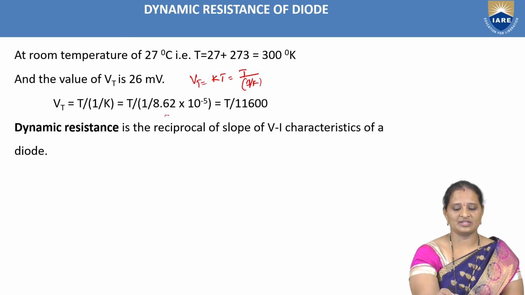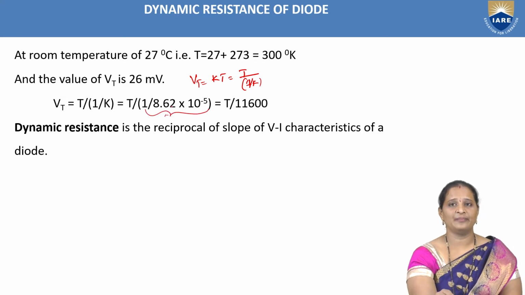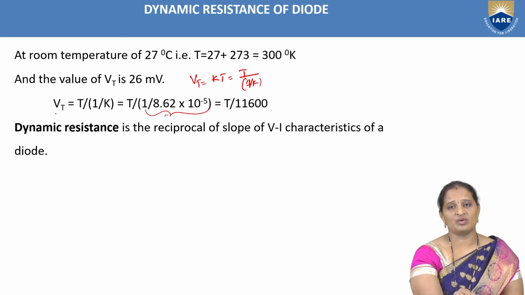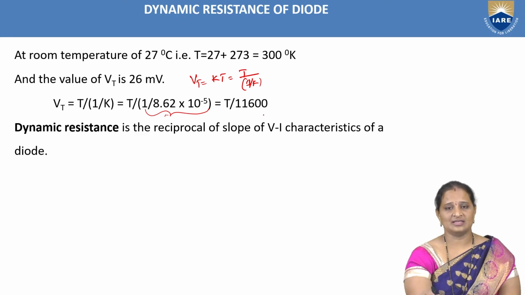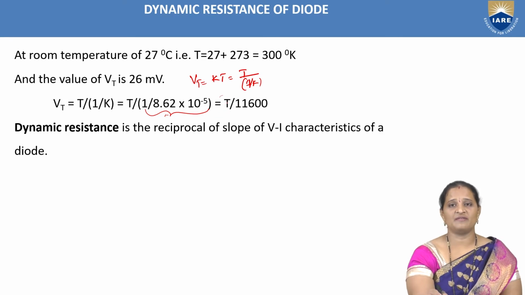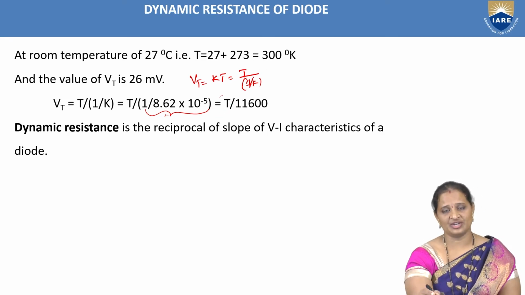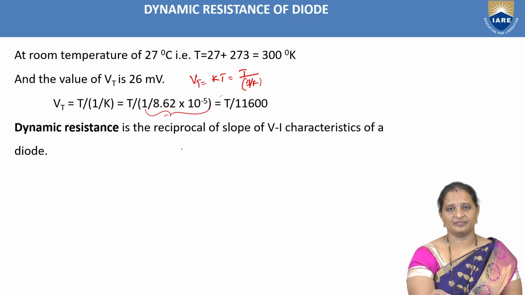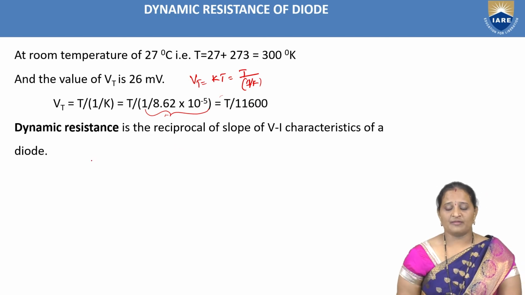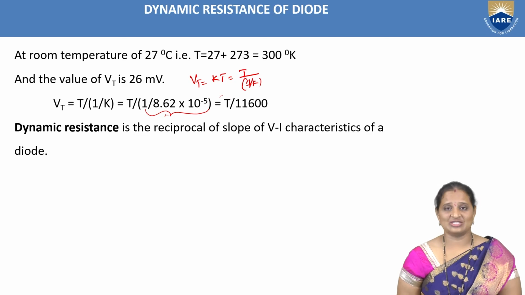If you calculate 1 divided by 8.62 × 10^-5, it is about 11,600. So the formula is Vt = T/11,600, where T is the temperature in degree Kelvin, and T is the temperature in degree centigrade plus 273.